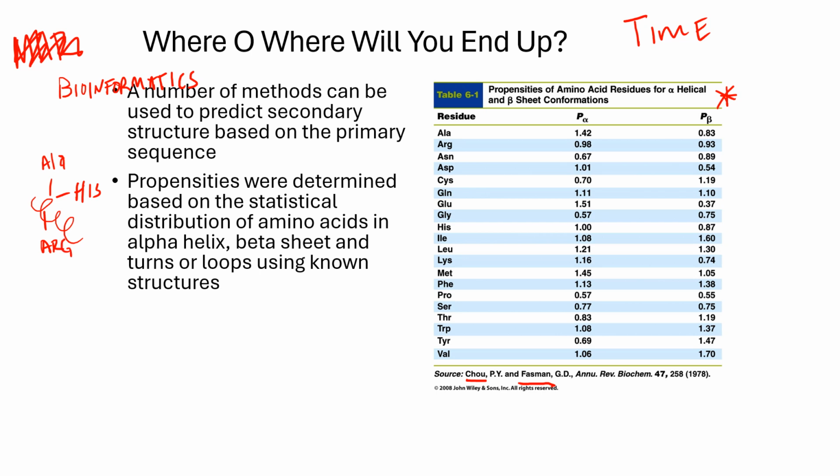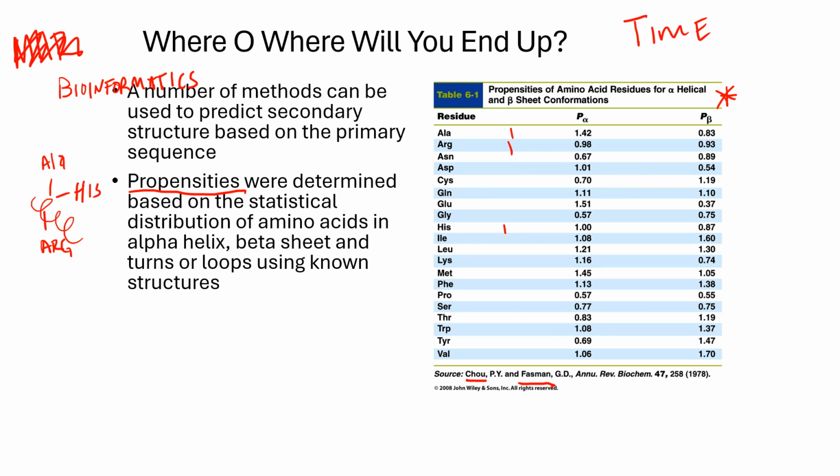And it's almost like they're keeping a tally. And they said, okay, alanine is there, histidine is there, arginine is there. And over time, what they came up with were scores that are known as propensity scores.